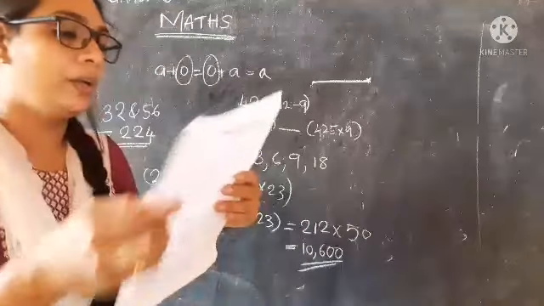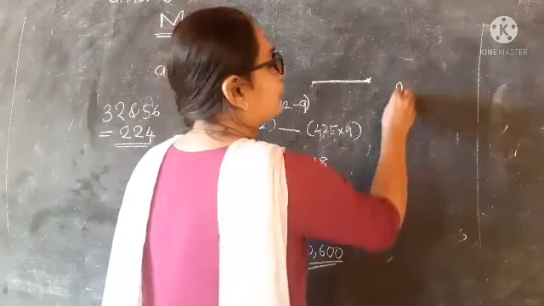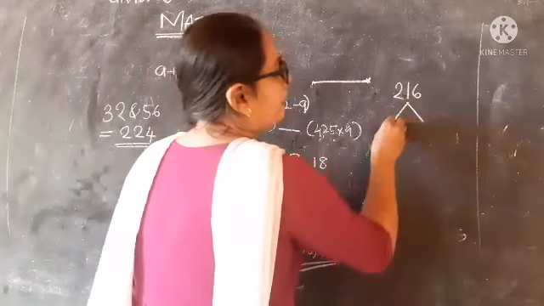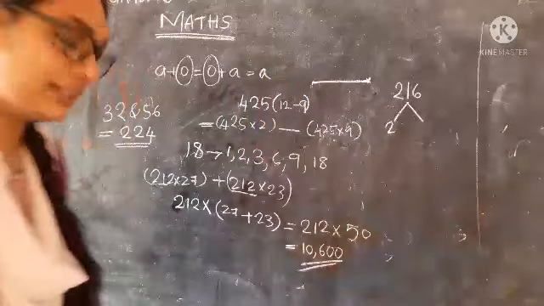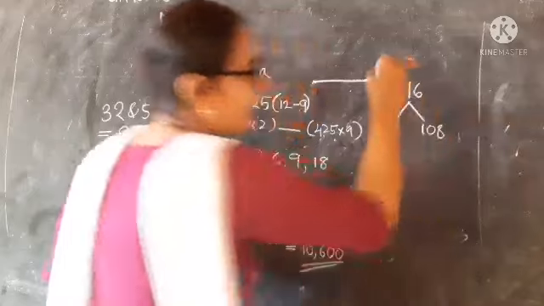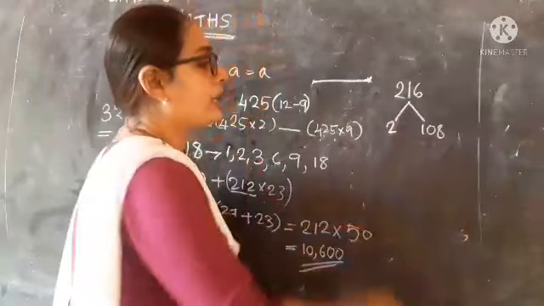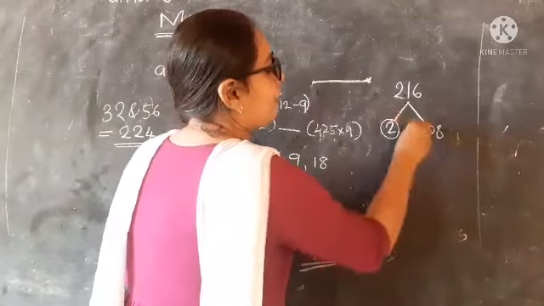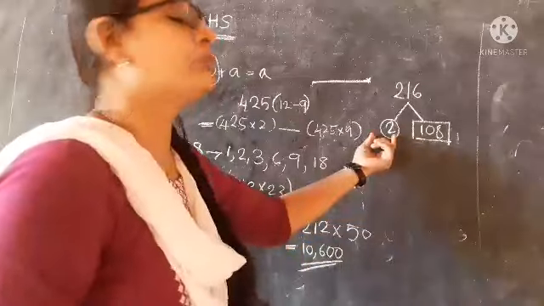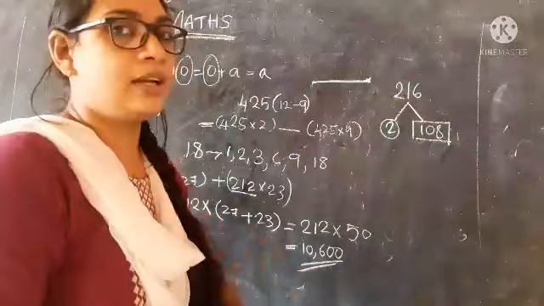Now, prime factorize the number 216. You know how to factorize a number with prime factors. 2 is the first prime factor. When we take 2 from there, the remaining part is 108. Now 2 is a prime factor, and you know for prime factors we use circles, and for composite numbers we use squares.